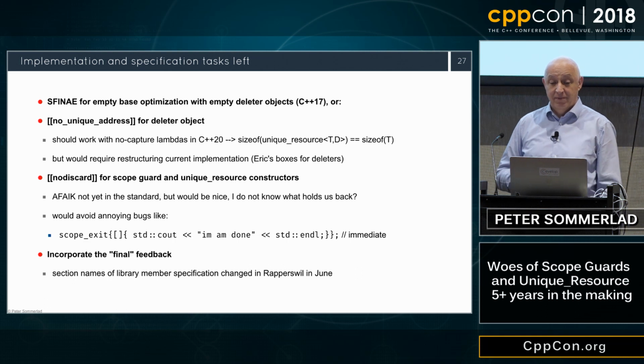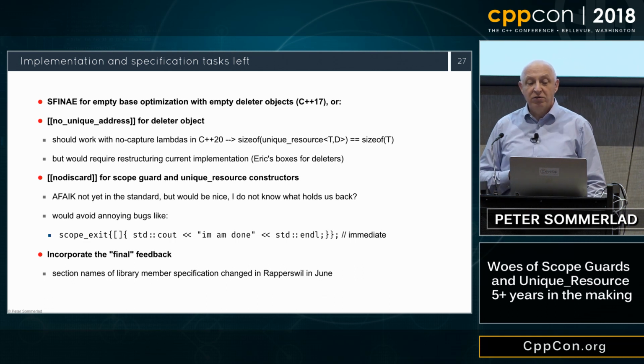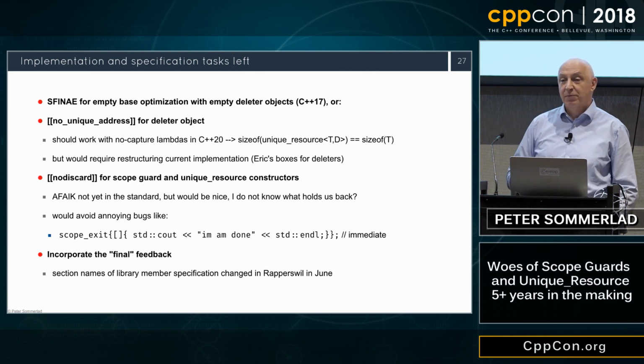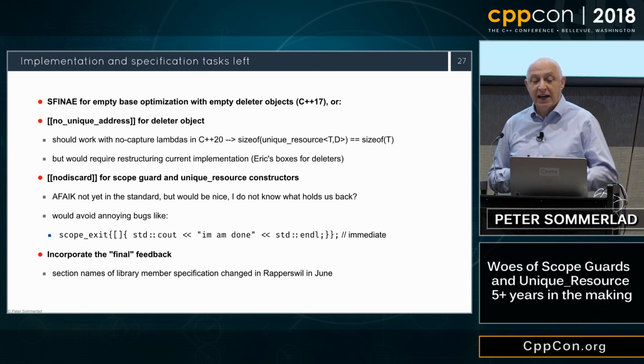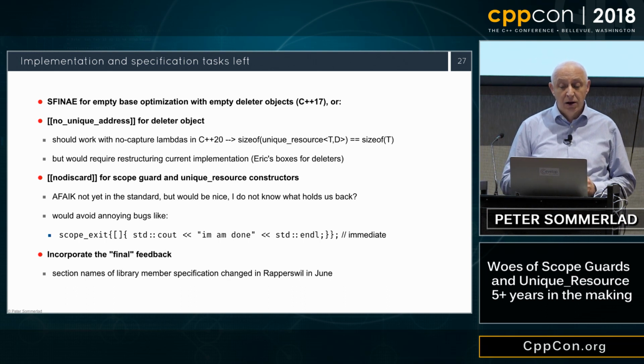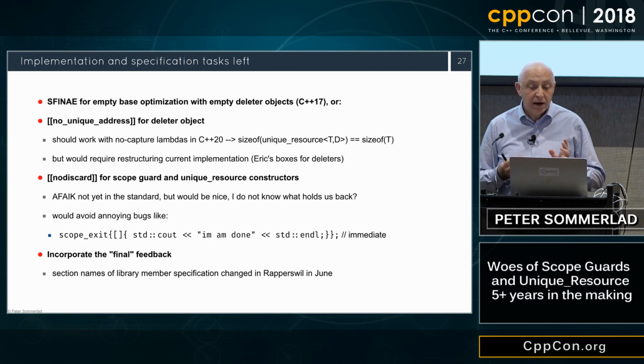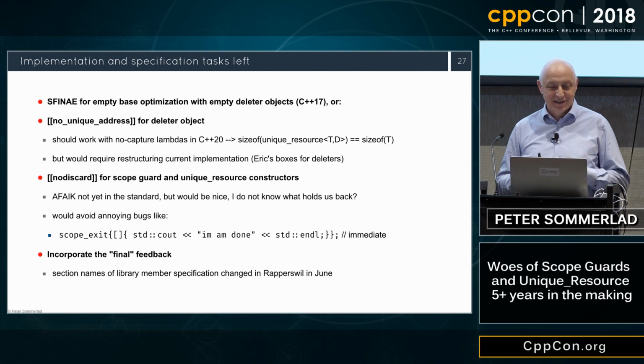What's left? Oh, we could do things like empty base optimization if we have empty deleters to make the unique resource object smaller. We might get around that with the no unique address for the deleter object. At the moment, it wouldn't work, but let's say I leave that task to the standard library implementers.